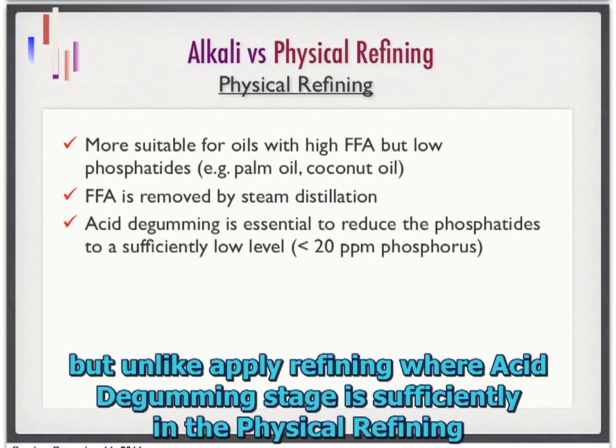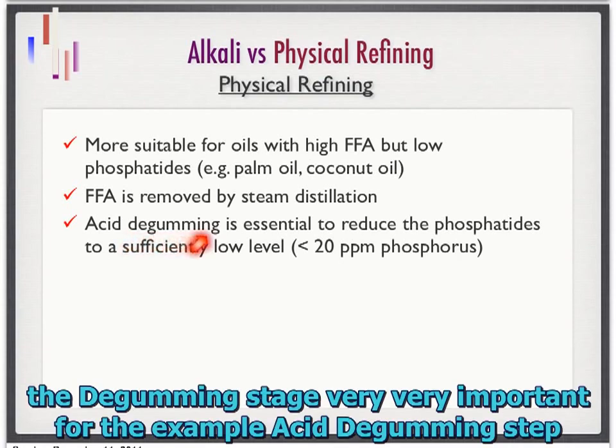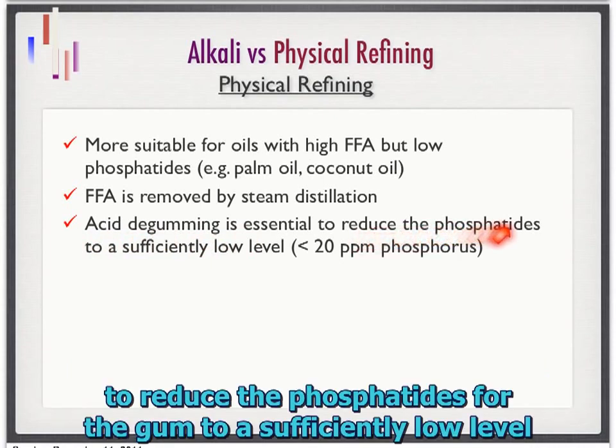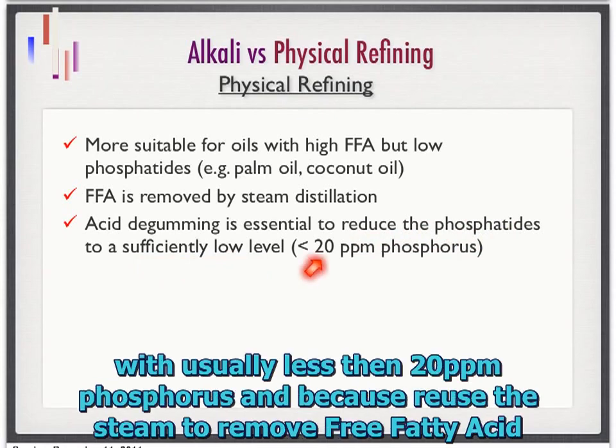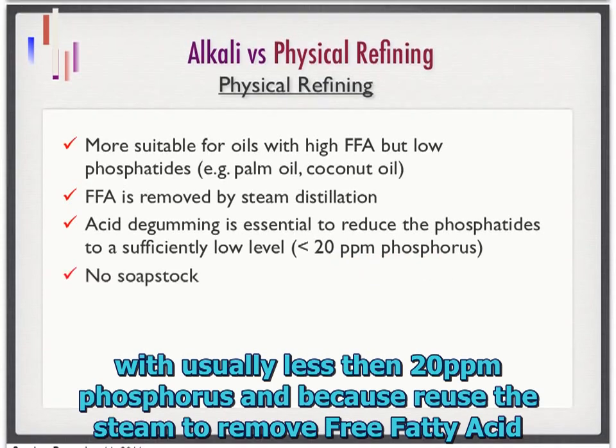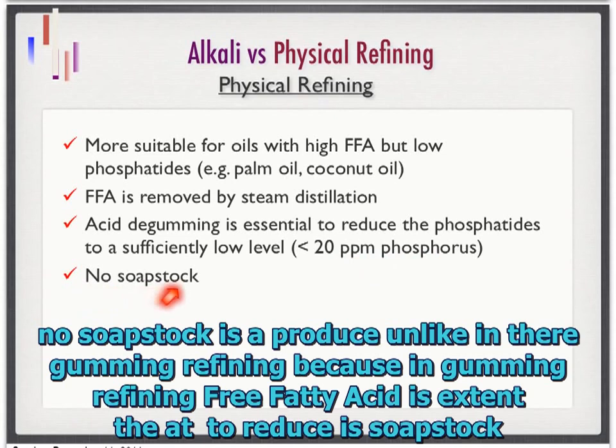But unlike alkali refining, where the degumming step may not be necessary, in physical refining the degumming step is very, very important. For example, we can use the acid degumming step to reduce the phosphatides, or the gum, to a very low level, usually less than 20 ppm phosphorus. And because we use steam to remove the free fatty acid, no soap stock is produced, unlike in alkali refining, because in alkali refining the free fatty acid is reacted with the alkali to produce soap stock.